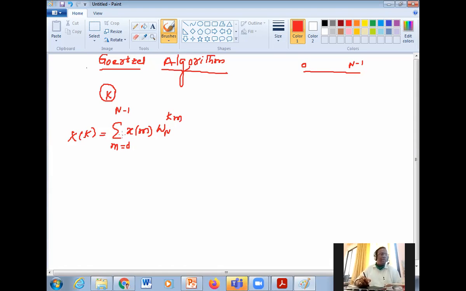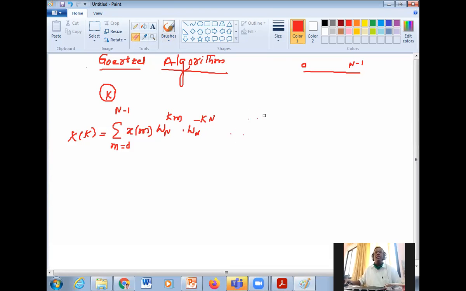Now, if we multiply this equation with the value w n to the power minus kn, then there is no change in the result. If I multiply this with w n to the power minus kn, the result is not affected because its value will be 1 again.